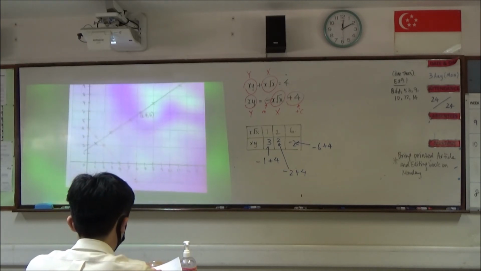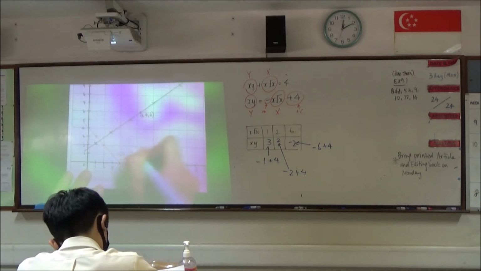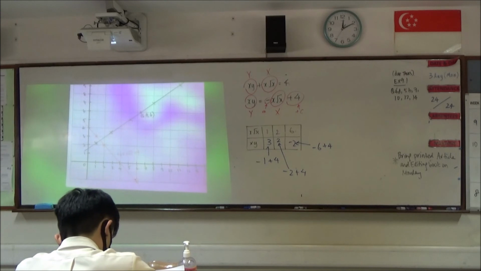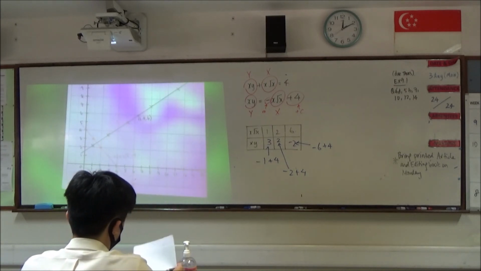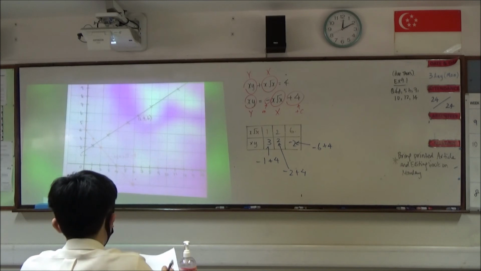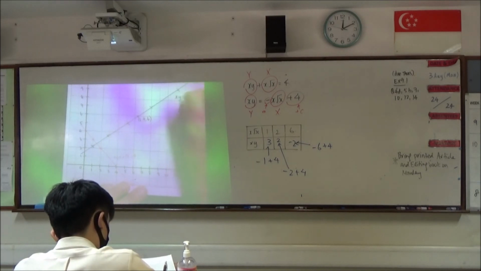Draw the extra line here. Remember to label. Earlier on I also forgot to label. So earlier on you can label it as y equals a over x plus b square root x, or you label it with the manipulated equation.